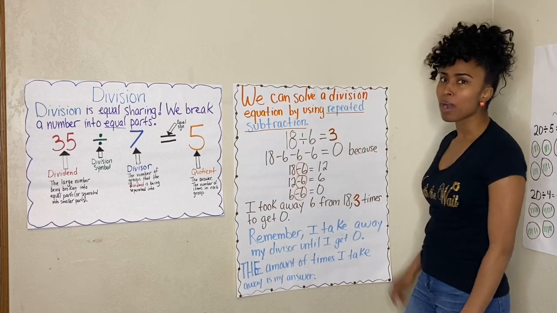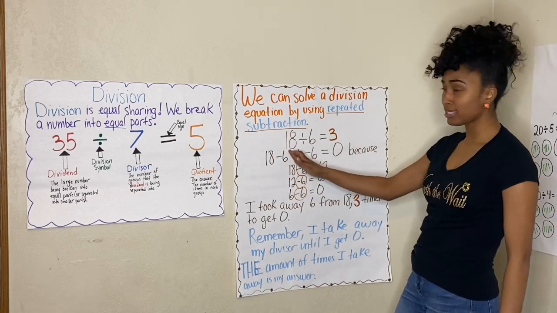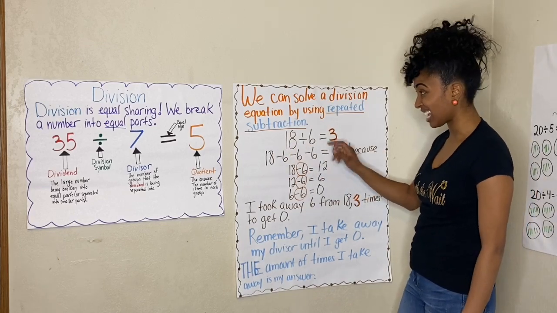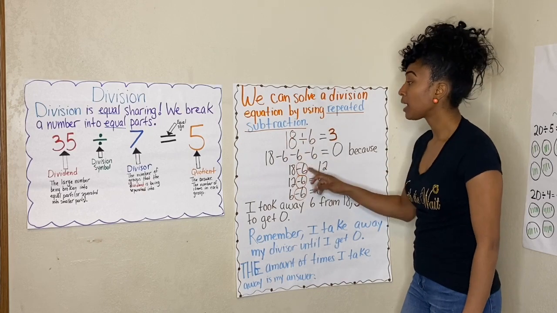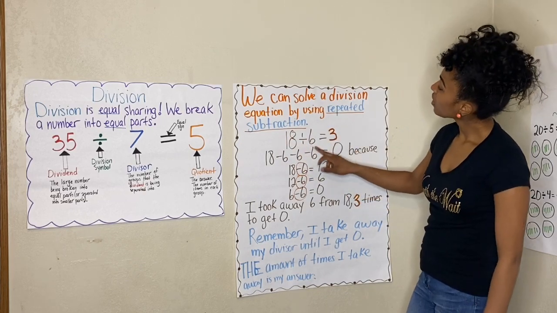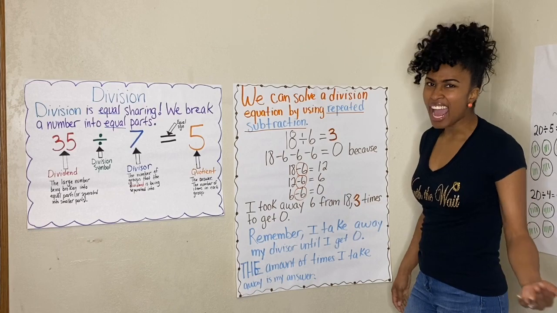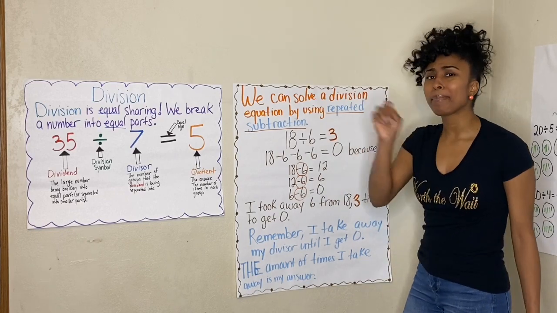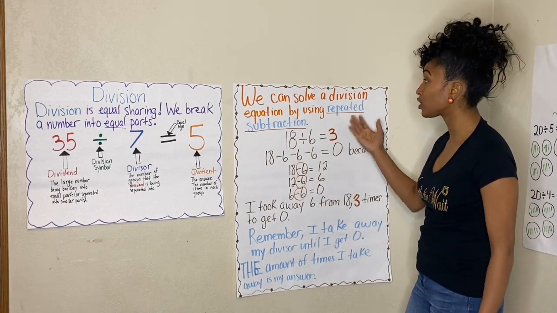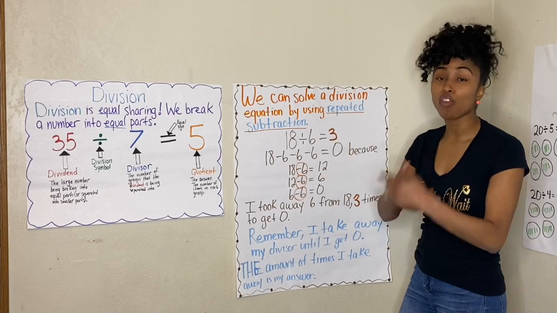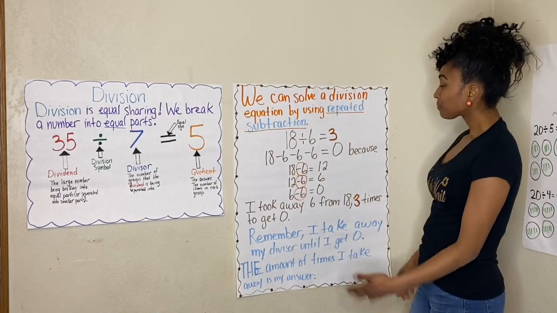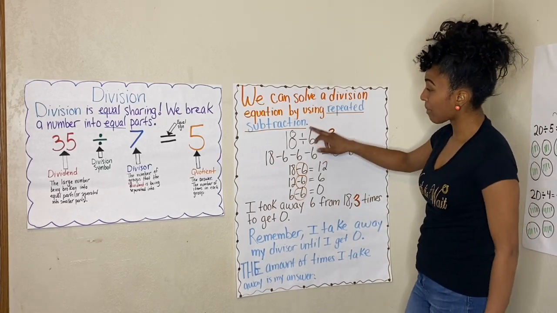Let's look at this first problem that I put here. 18 divided by 6. My bigger number being shared with 6 groups. Now, since I'm not going to actually make groups today, I'm going to subtract the same number over and over again. I'm going to take away my divisor.